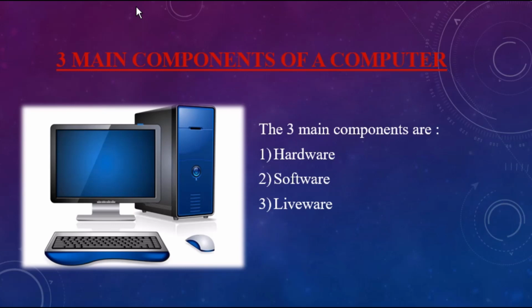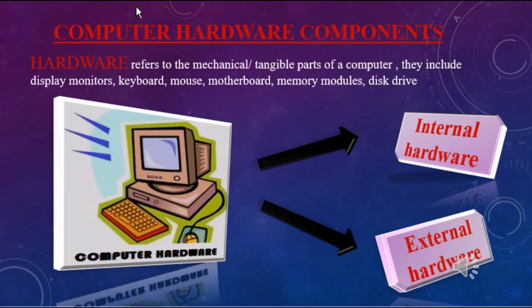In this video, as I mentioned earlier, we are going to learn about the components of a computer. We have three main components of a computer. We have the hardware, the software, and the liveware. Computer hardware.